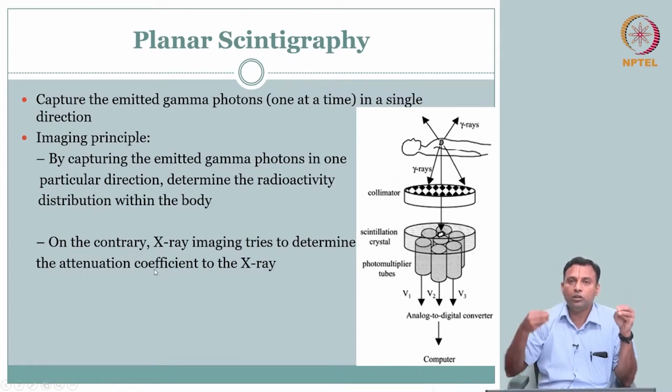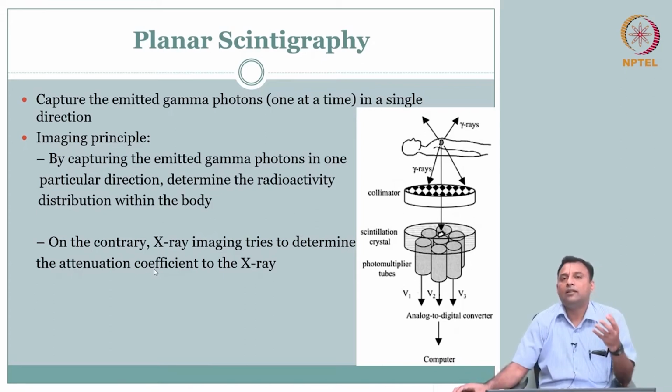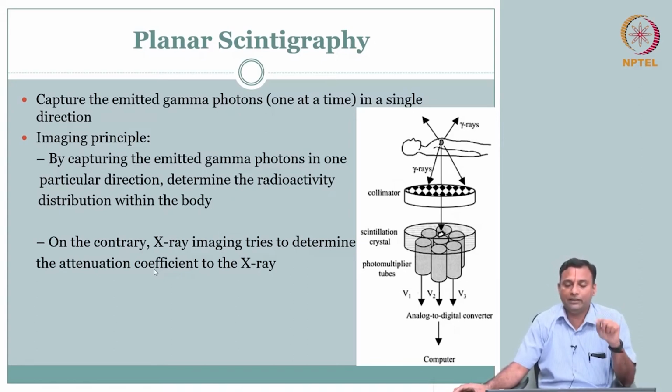We wanted to get an estimate of how the mu is distributed. Mu hat of x comma y was your reconstructed image, whereas here we are talking about how much activity comes from where it is coming from over time. That is the key.